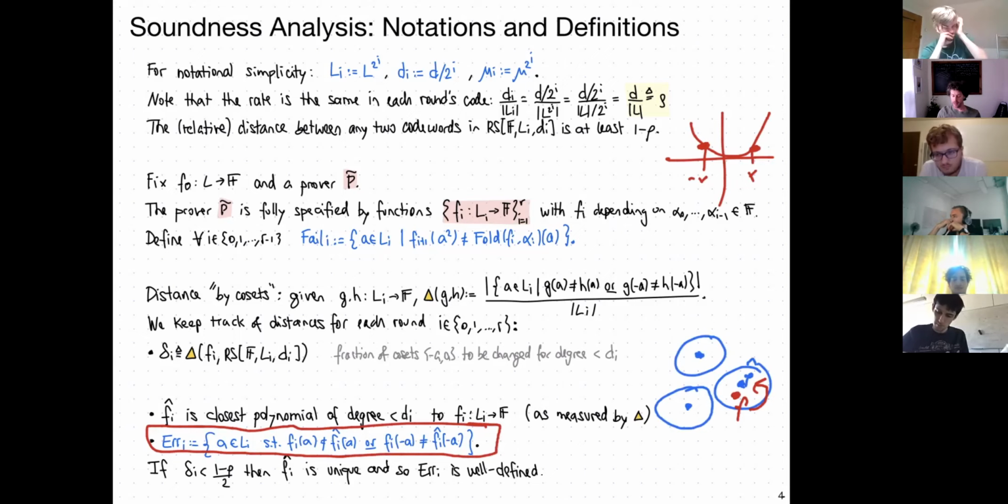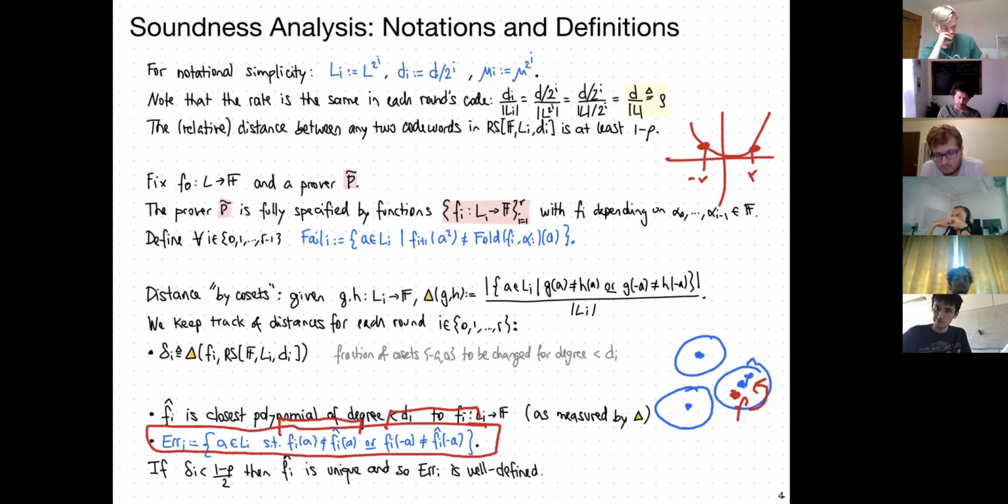So this tells us at what locations the function does not agree with its polynomial correction, the closest polynomial. And notice that this is also in coset distance.